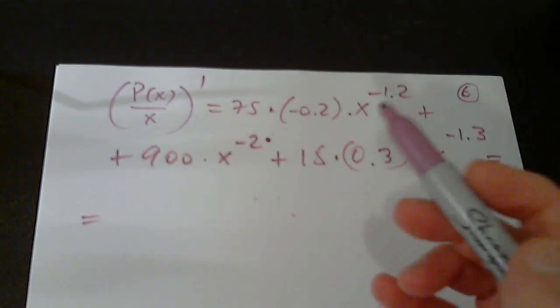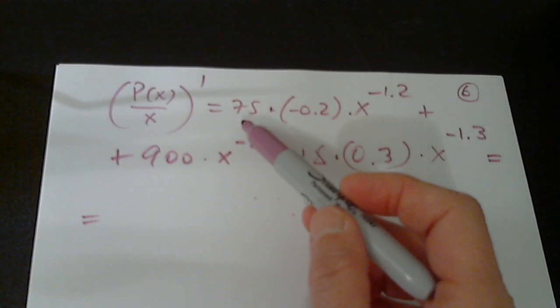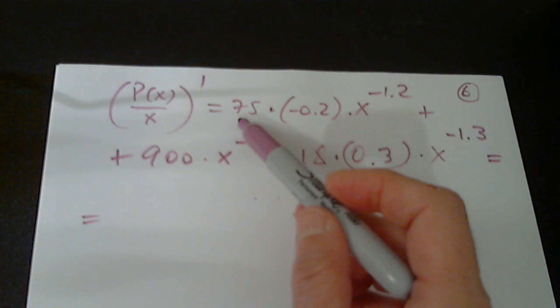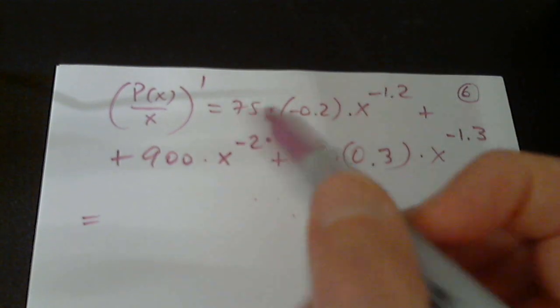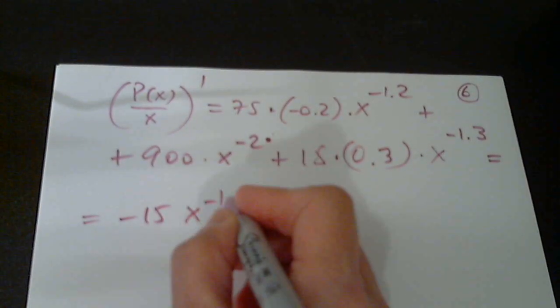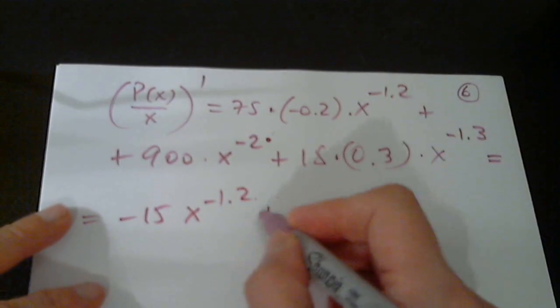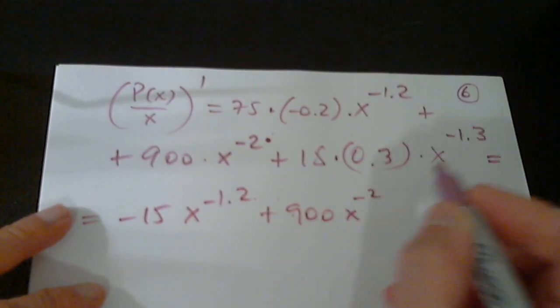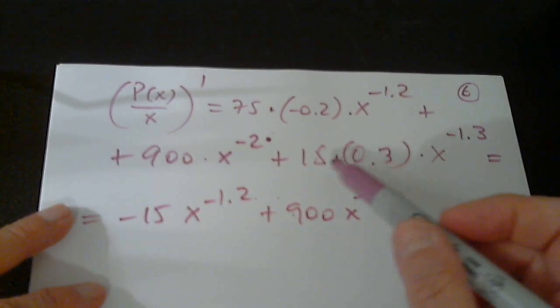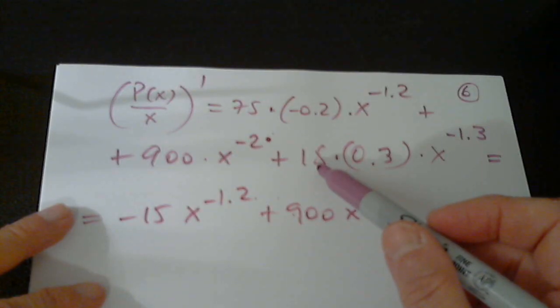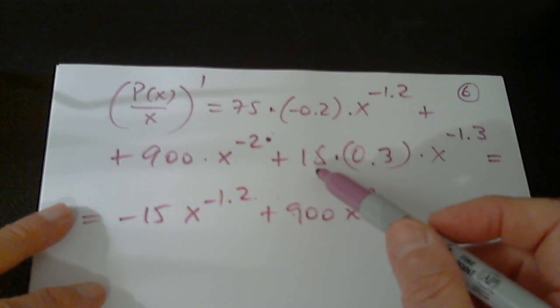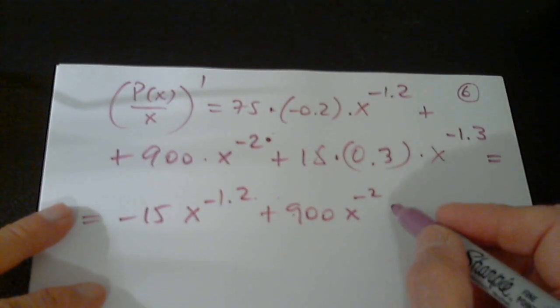Okay, so let's clean it up. So this is 150, so it's 15, so negative 15 x to negative 1.2 plus 900 x to negative 2. What is this? 60, is it 64, 6.4?